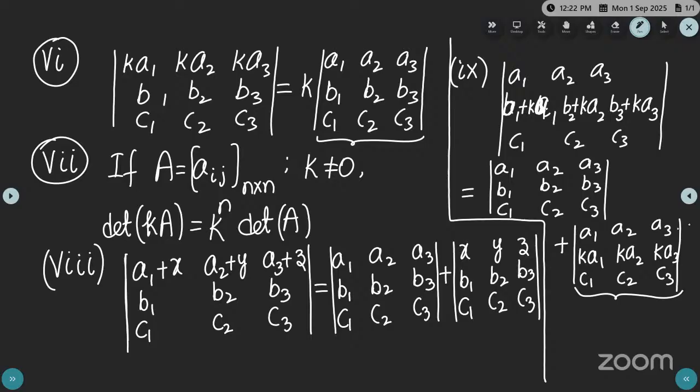Two rows are same, hence this part will be zero, so you are getting the same.